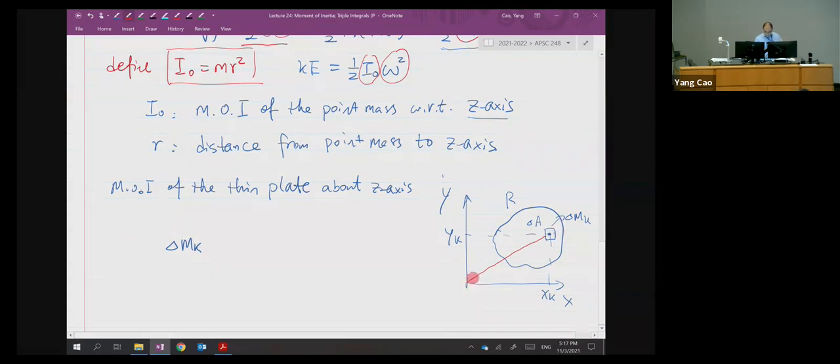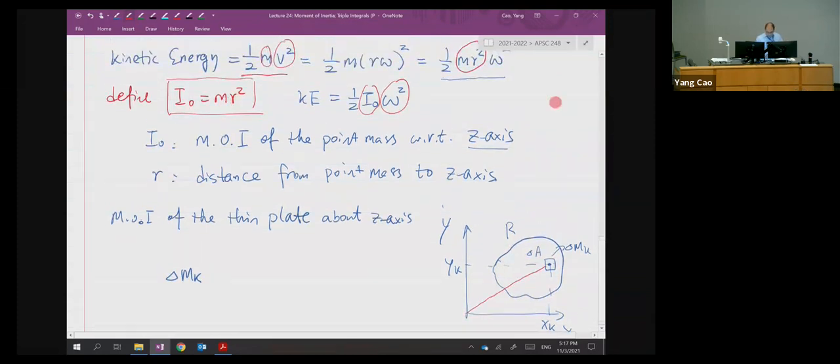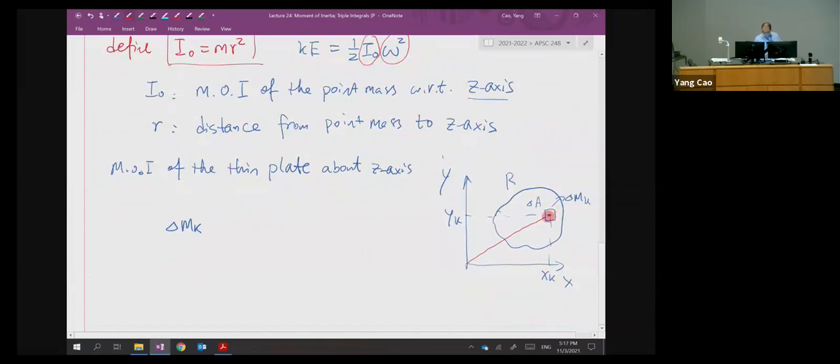Then I can use my formula here. The moment of inertia about the z-axis is the mass of the point multiplied by the distance from the point to the origin squared. And let's call this distance rk, this rk here.